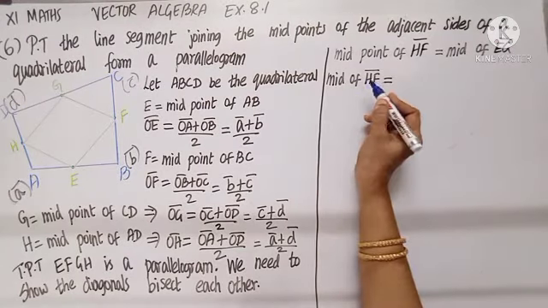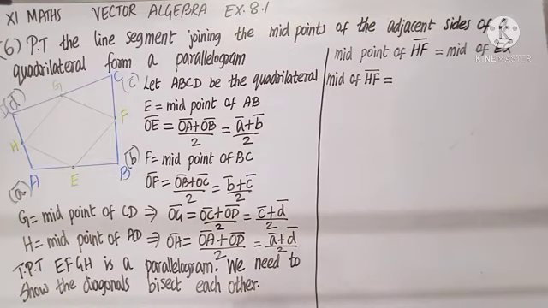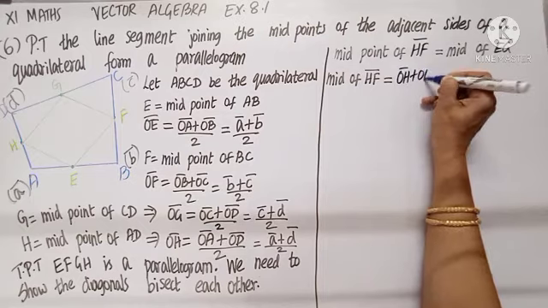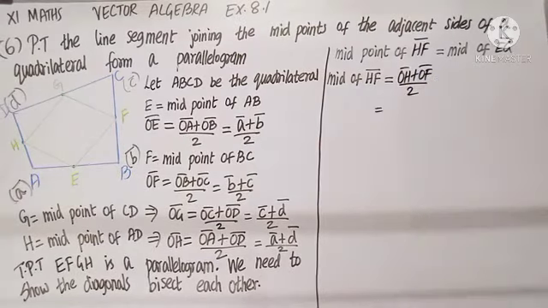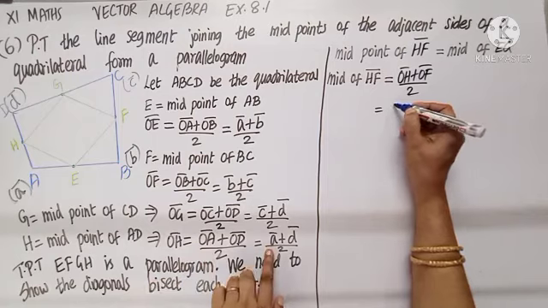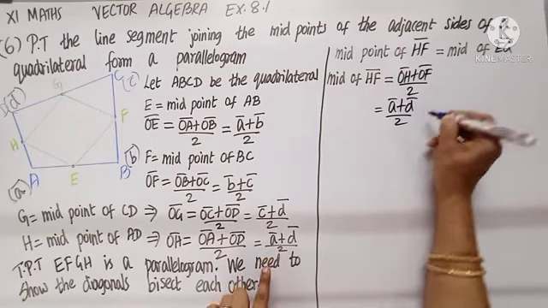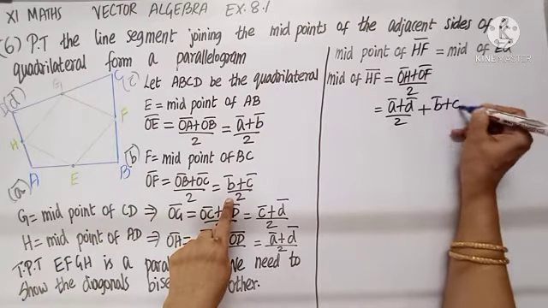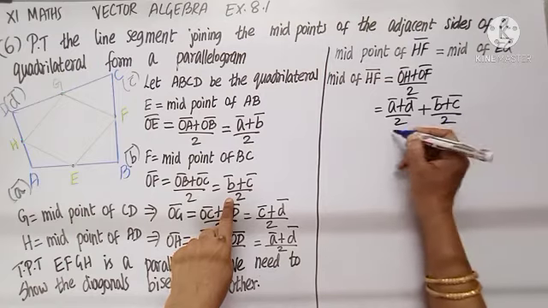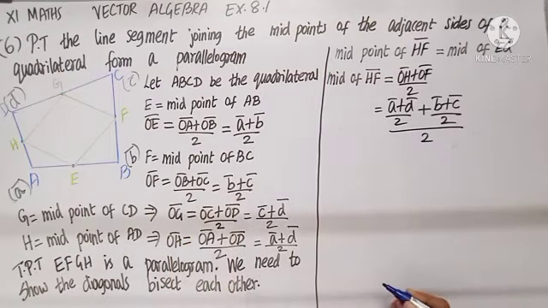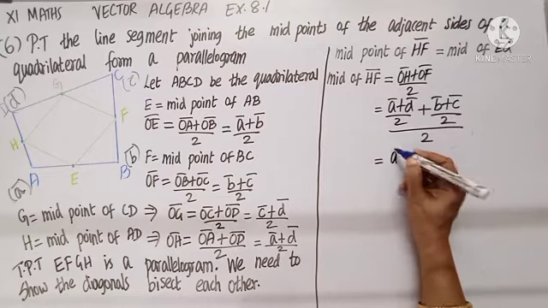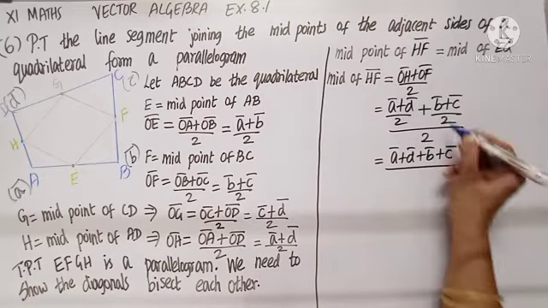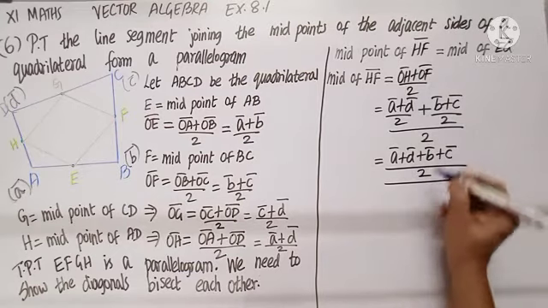Let us find the midpoint of HF. What is the formula for the midpoint? It is (OH plus OF) by 2. So what is the OH vector? It is (A plus D) by 2. And the OF vector is (B plus C) by 2. The whole thing divided by 2, or (A plus D plus B plus C) by 2, and the whole thing by 2.